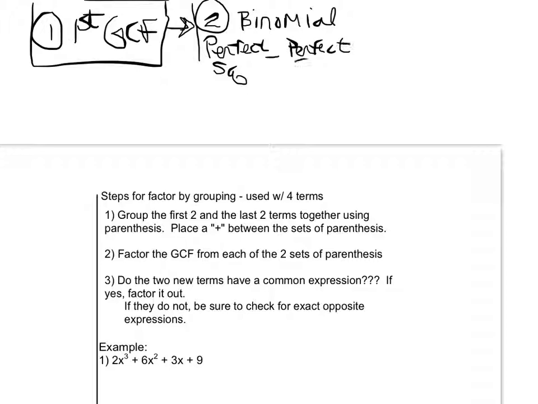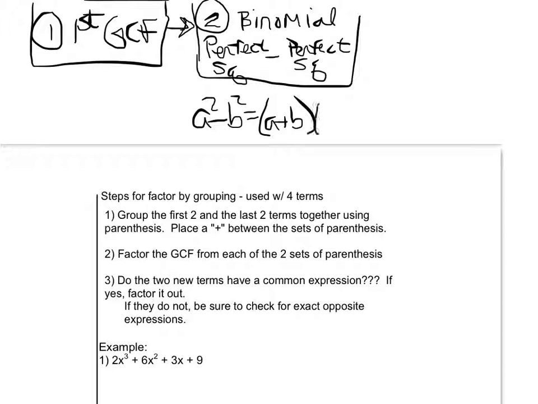Because if it is, I can use the formula a squared minus b squared equals a plus b times a minus b. So if it is not in that form, whether there was a GCF or not, I'm next going to ask myself, all right, well, what about a trinomial?